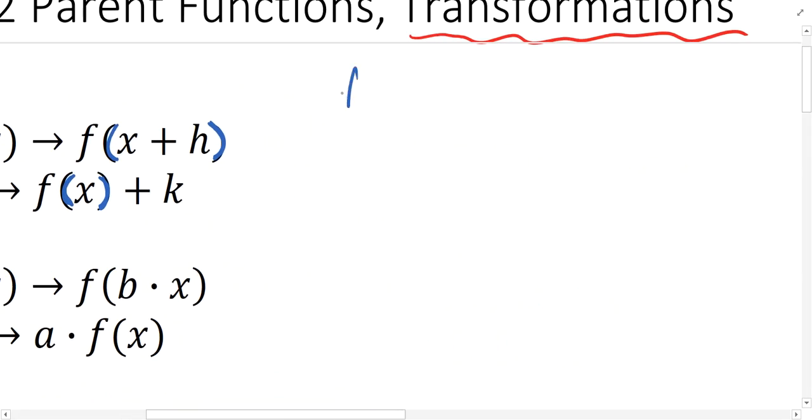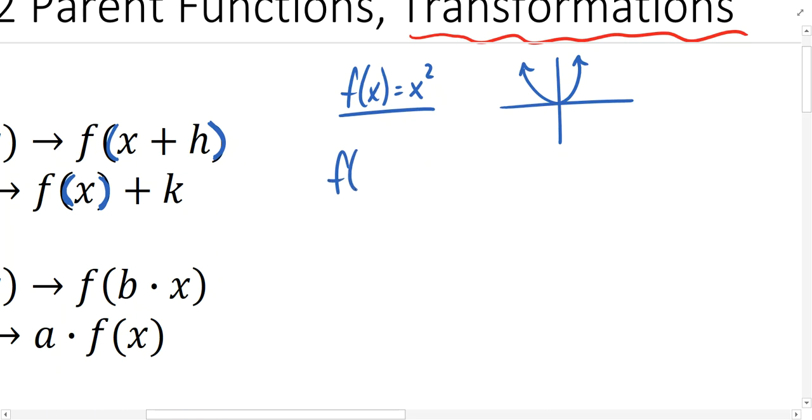If we were to take our parent function from the last lesson, f of x equals x squared, we recognize, or should recognize, that this is a parabola centered at the origin, and it looks something like this U shape. If I wanted to apply a shift to this graph, I might write something like this: f of x minus 2, which therefore would look like x minus 2 squared.